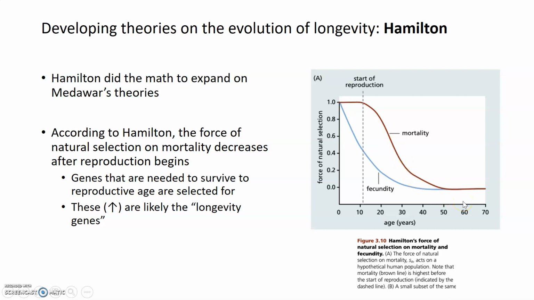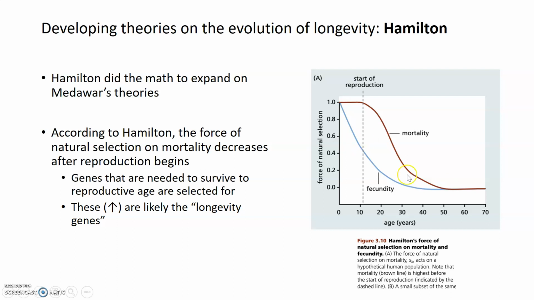And so what Hamilton argued is that the genes that are needed to survive to reproductive age get selected for, and those that will result in an organism's mortality before it can reproduce would be selected against. Meaning that this force of natural selection is really, really high up until the start of reproduction.